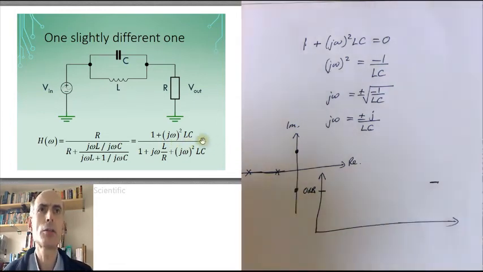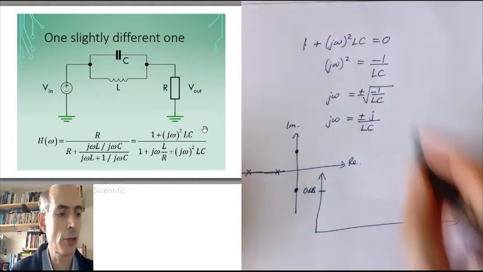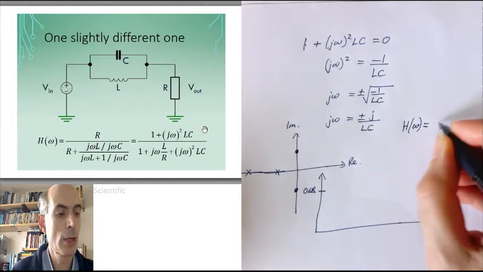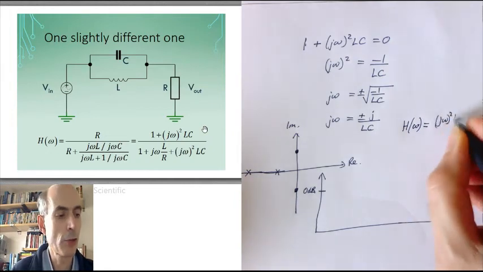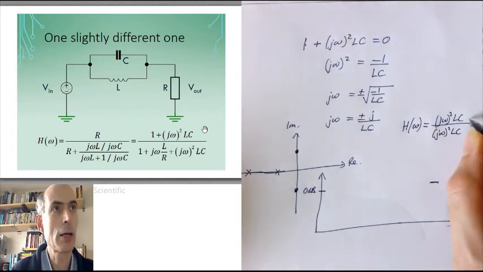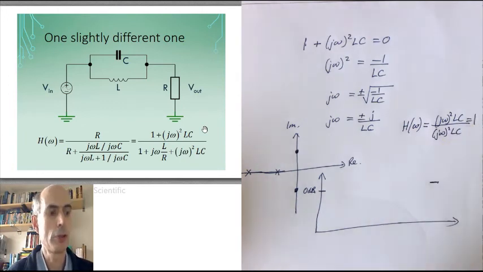Because if omega is very large and tending towards infinity, then these terms in the denominator are going to be negligible compared to this one, and the 1 in the numerator will be negligible compared to this term. These terms will therefore dominate. We'll end up with an approximate value at high frequencies of the frequency response as just j omega squared LC over j omega squared LC, and that's just equal to 1 again, or 0 dB.